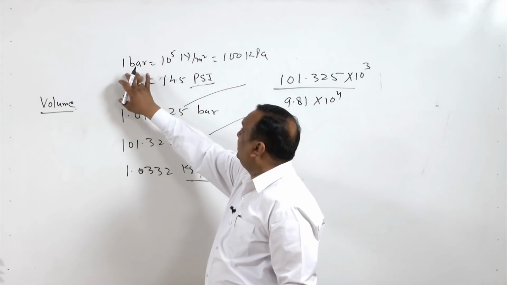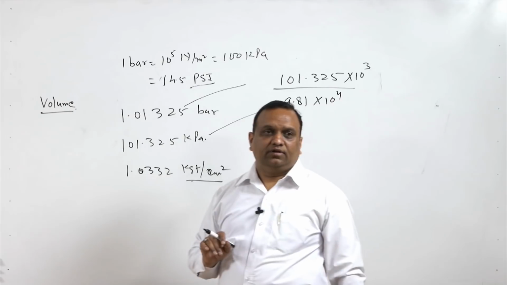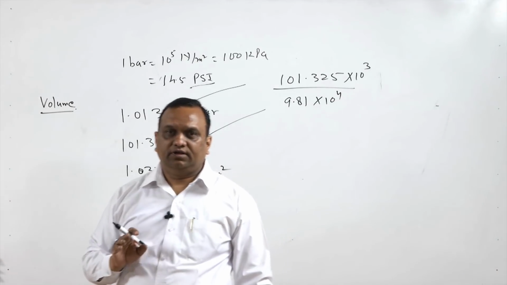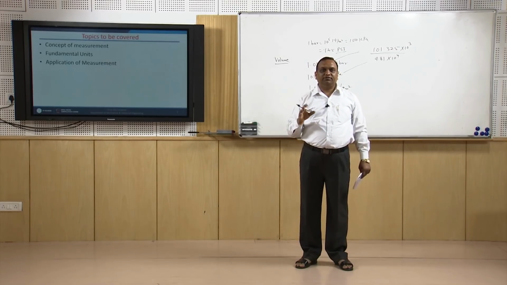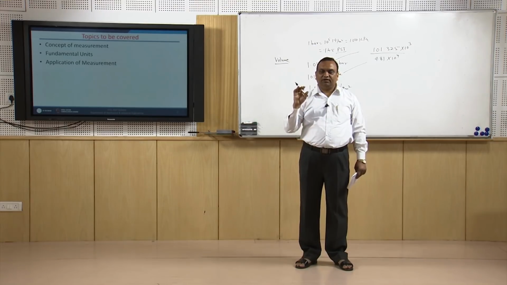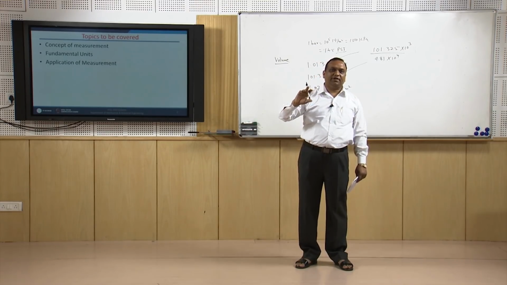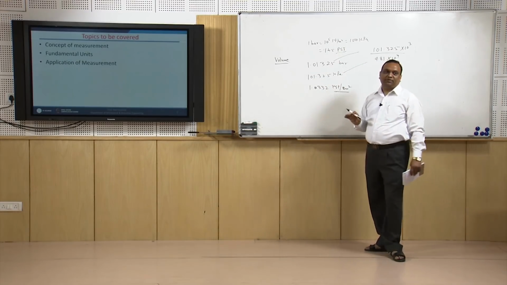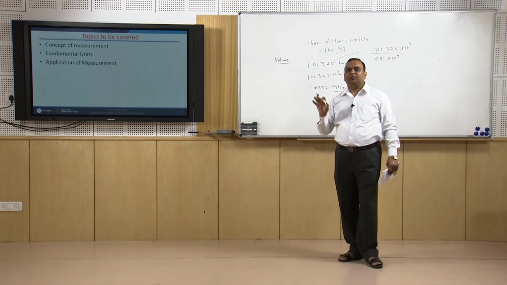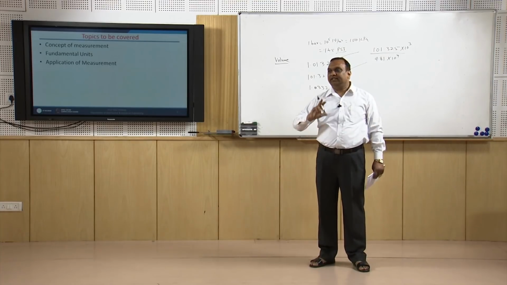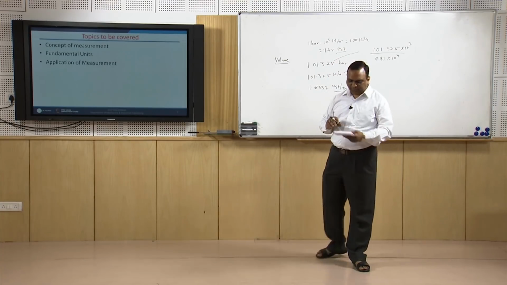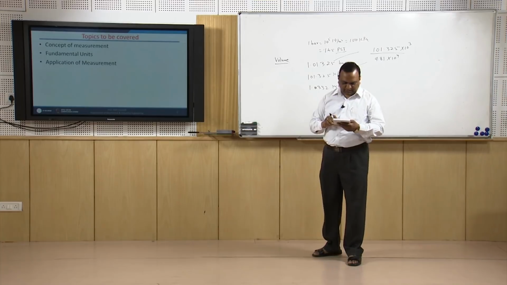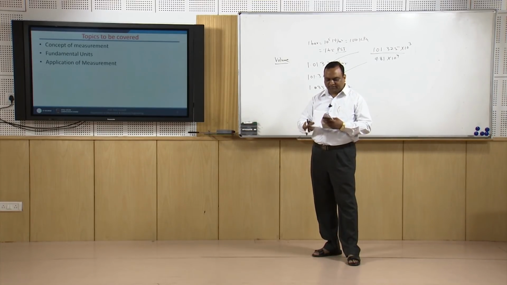So 1 bar is equivalent to 14.5 pounds per square inch, and this is the gauge pressure, because the normal mistakes while doing the measurement, when we measure the pressure with the pressure gauge, we consider gauge pressure and absolute pressure. So always add atmospheric pressure into the gauge pressure, and that will give you the absolute pressure in the vessel or any other confinement.